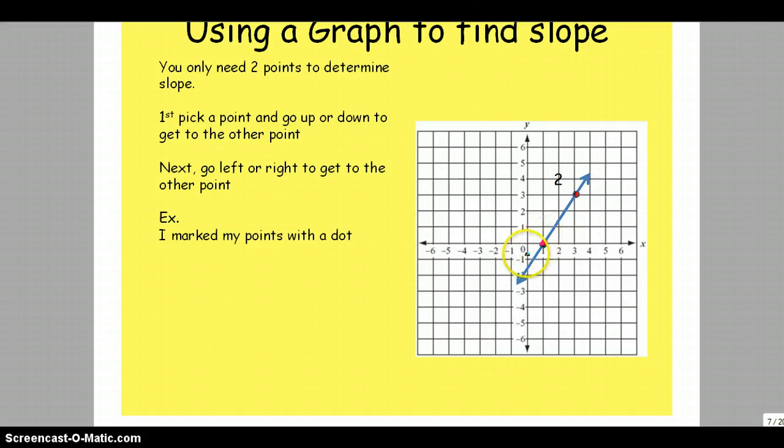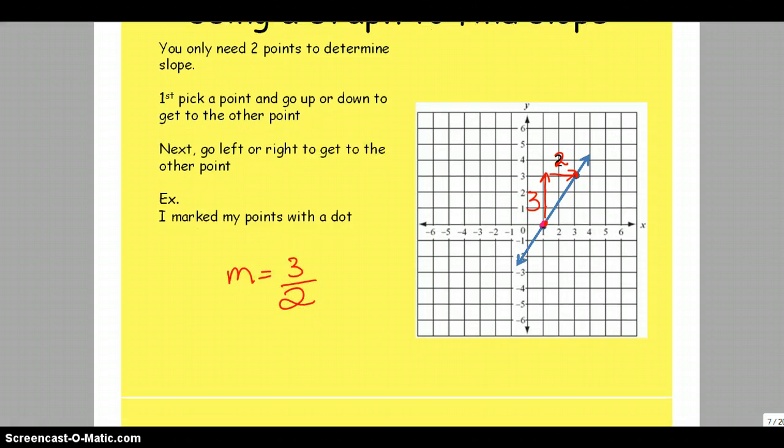So now I've got my first point marked. I'm going to see how much I need to rise. So I'm going to rise 1, 2, 3, and then I'm going to run 2. So it's rise over run. I can look at this line and I know that it is a positive slope, so then I know that my slope is 3 over 2.